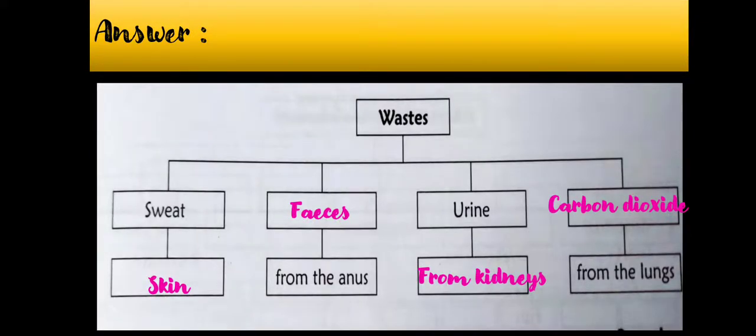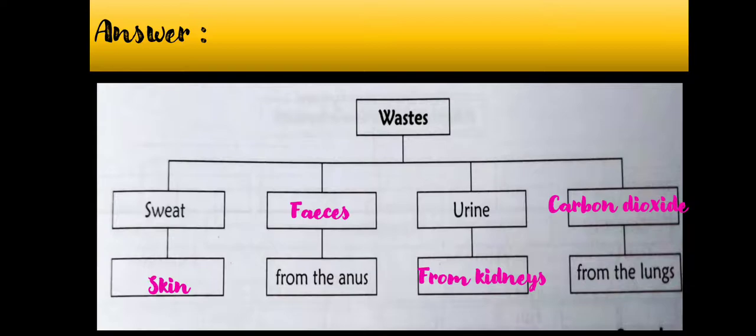Sweat, wastes are released in the form of sweat from the skin. Feces from the anus. Urine from the kidneys.